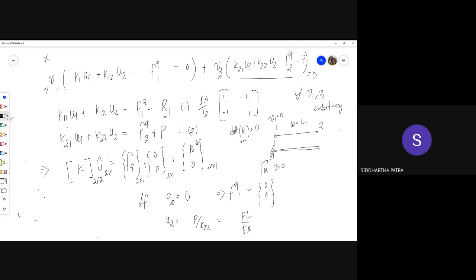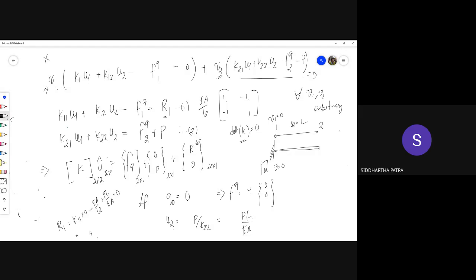Now what happens to R1? So R1 equals K11 times 0, then minus EA divided by LE times U2, which is PL divided by EA. Then of course we have assumed Q0 to be 0, so minus 0.